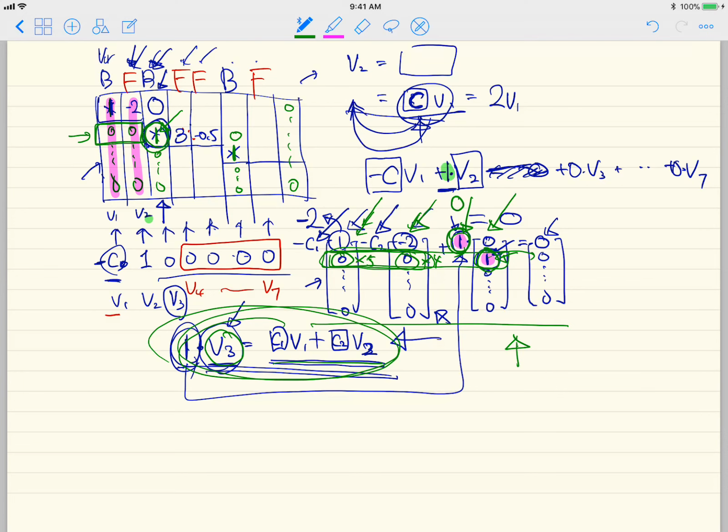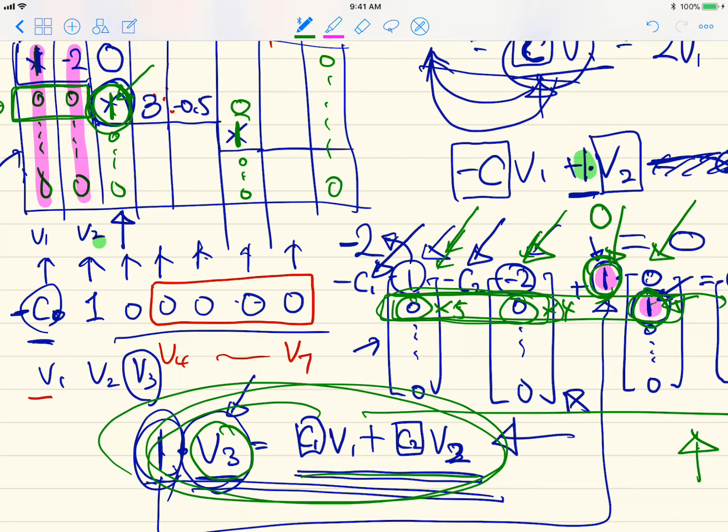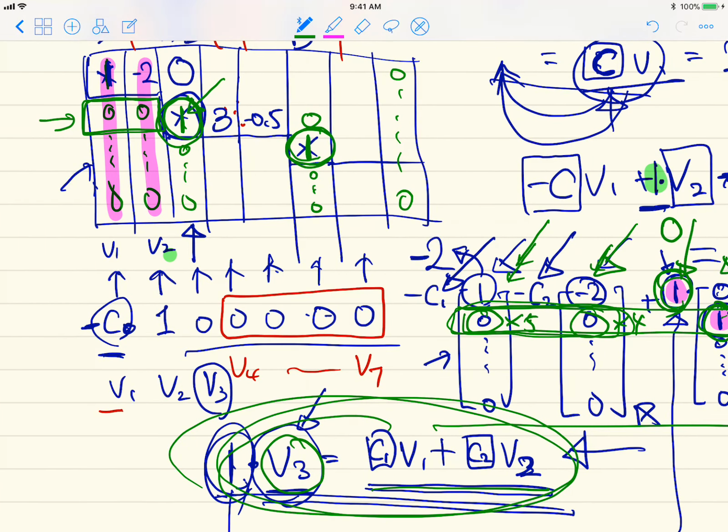And in other cases, where the third vector belongs to the span of the previous vectors, this one should be the free variable. And this shows the reason why: because if it is a basic variable, then it will be the first one in that row, because that is simply a leading entry.